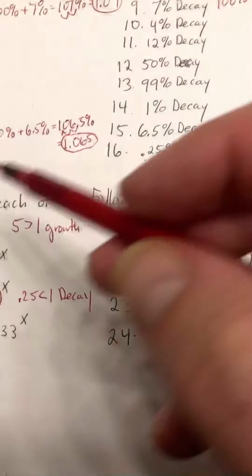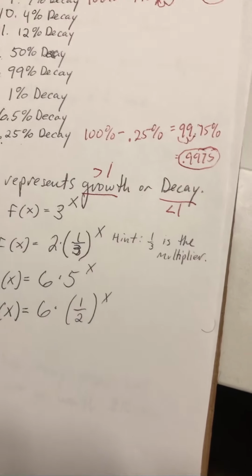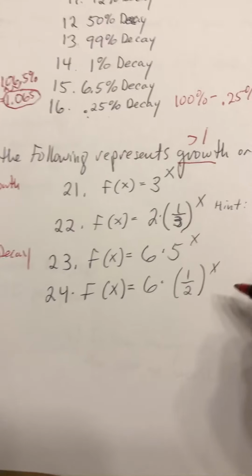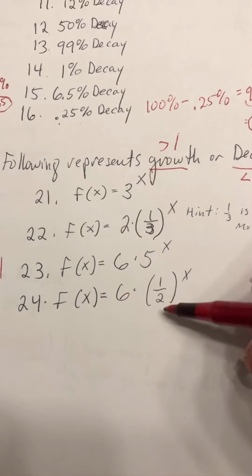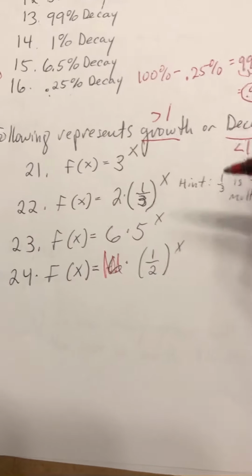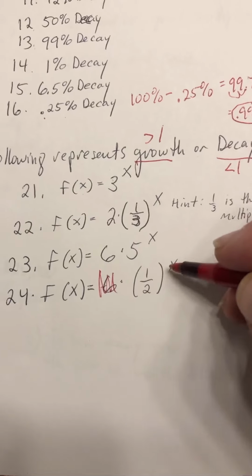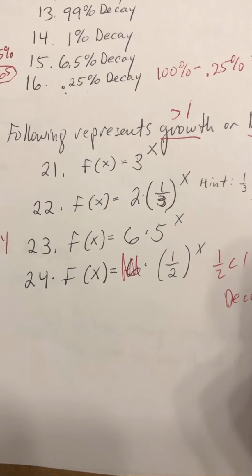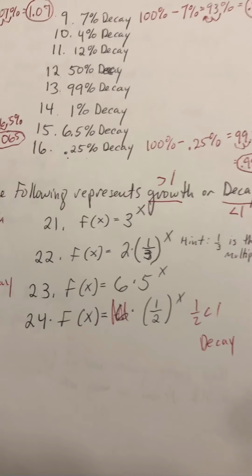So you're just going to simply go through these and label whether it's a decay or a growth. If you look at number 24, here we have 6 times 1/2 to the x. We only look at the multiplier, so we don't care about the 6. So right here, 1/2 to the x, since 1/2 is less than 1, we would say that's the decay because 1/2 is the multiplier.